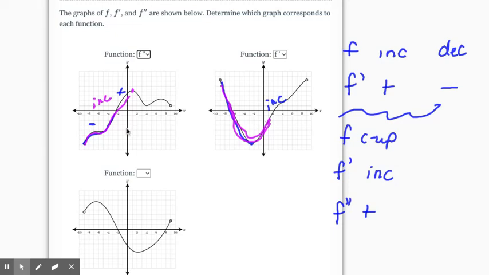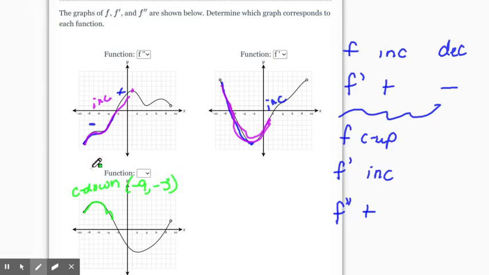So if that were true, then let's check the concavity on what is potentially my original function. Well, the original function looks to be concave down, maybe until about 3. So concave down from -9 to -3.